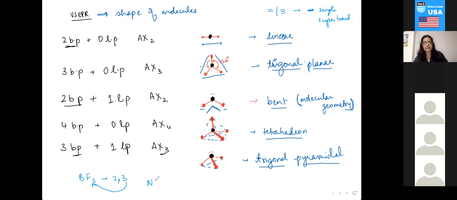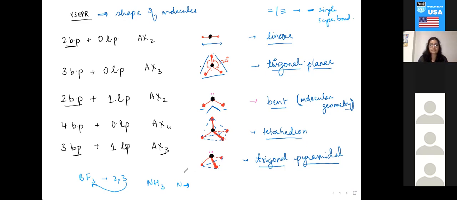Similarly, think of nitrogen, NH3. What is the electronic configuration of nitrogen's valence shell? In VSEPR you don't have to go down to the atomic orbitals.